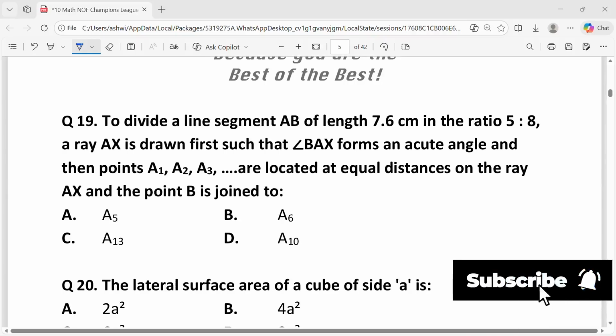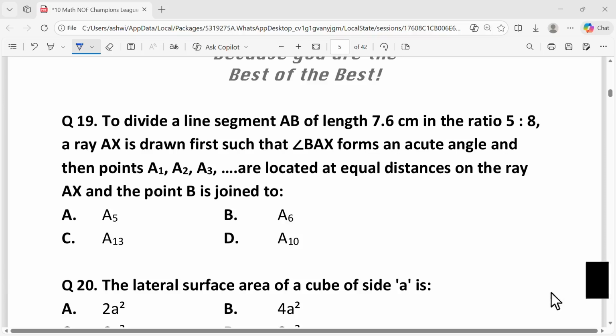Question 19. To divide a line segment AB of length 7.6 cm in the ratio 5:8, a ray AX is drawn first such that angle BAX forms an acute angle, and then points A1, A2, A3 are located at equal distances on the ray AX.